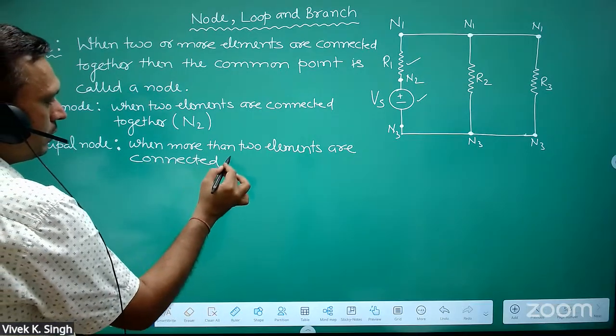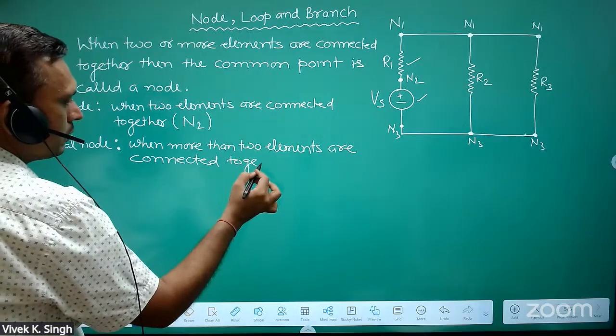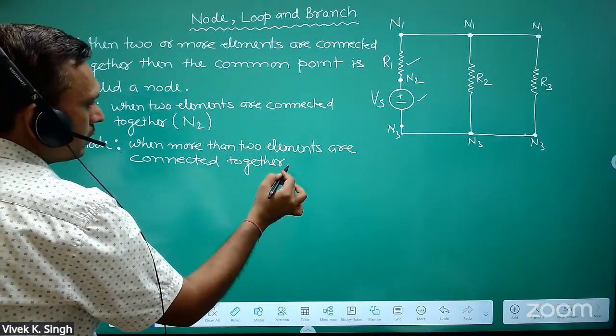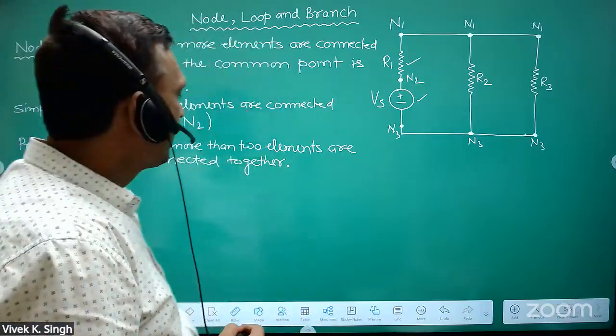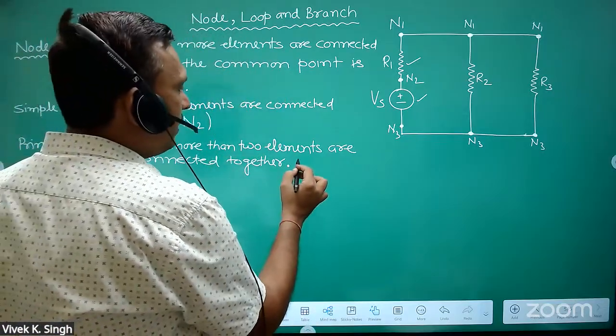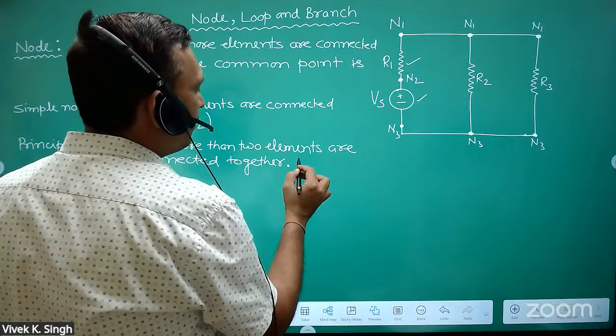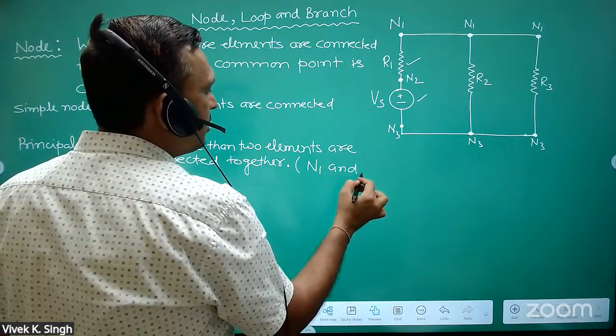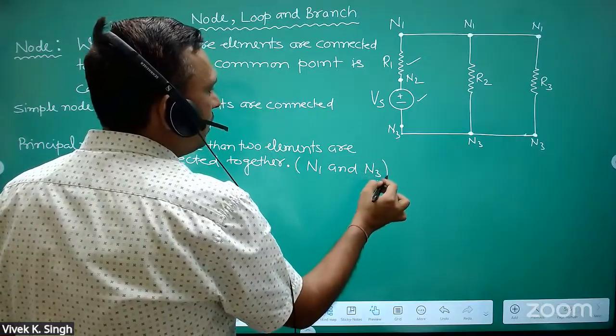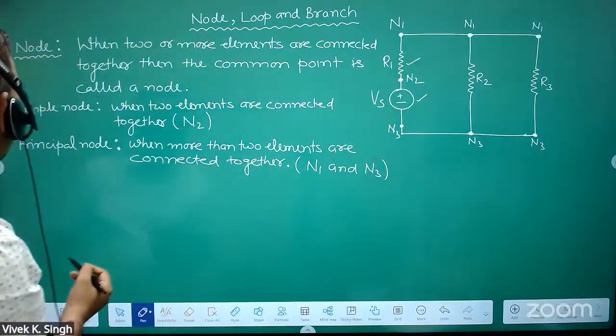For example, you have N1 and N3. They are the principal node. N1 and N3 are the principal node.